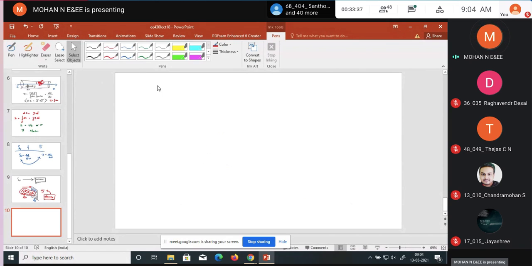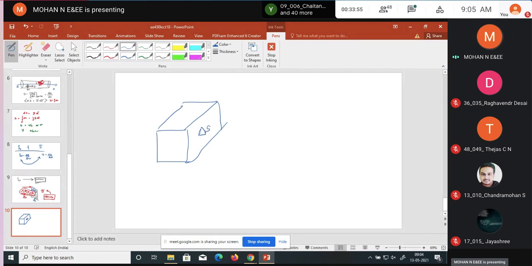For that case we shall take some axis of reference. Let me have a small volume like this, and a small surface like this, and this is the length.